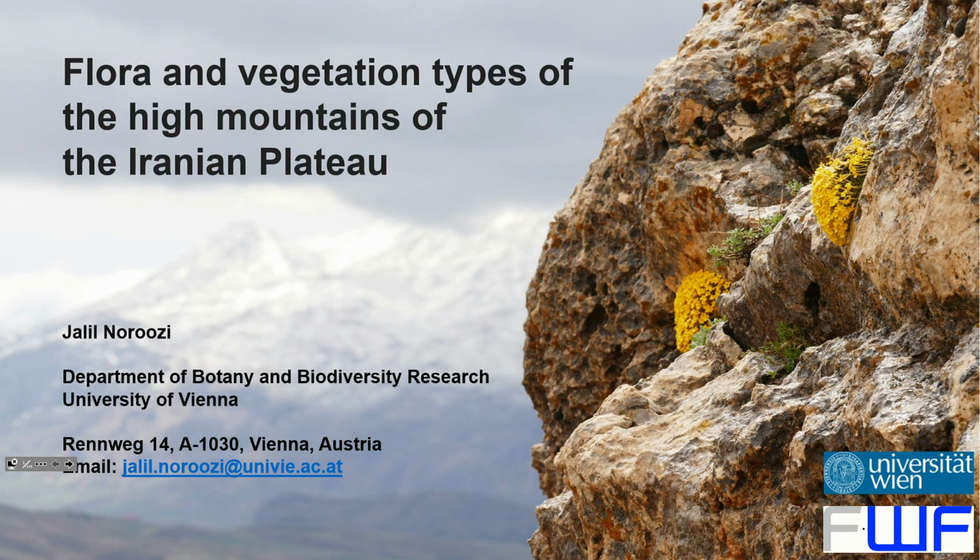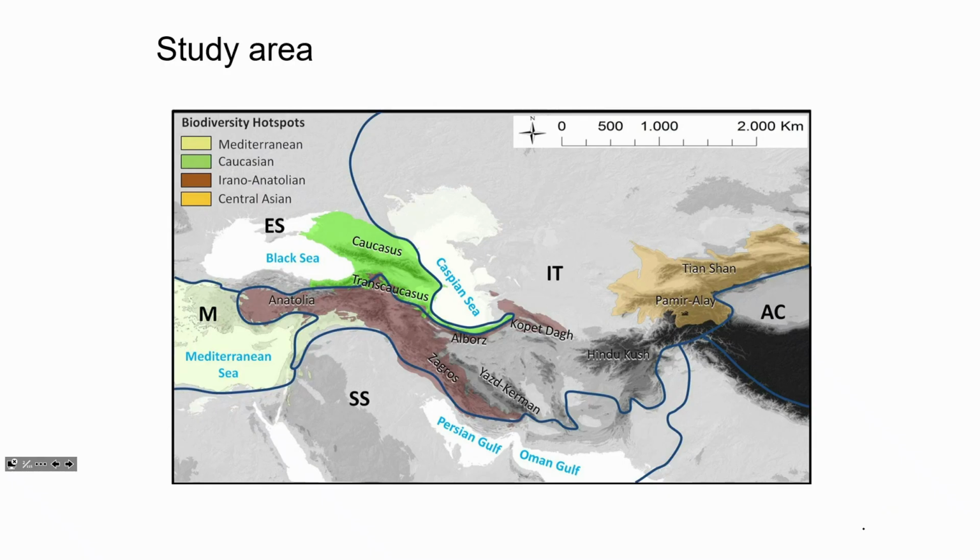I go directly to my presentation, which will be about the flora and vegetation types of the high mountains of Iran. Iran is located in Southwest Asia, the meeting point of two global biodiversity hotspots and three biogeographical regions.